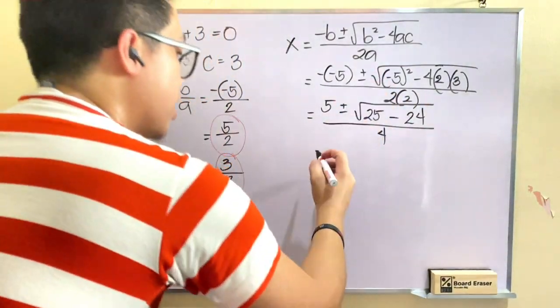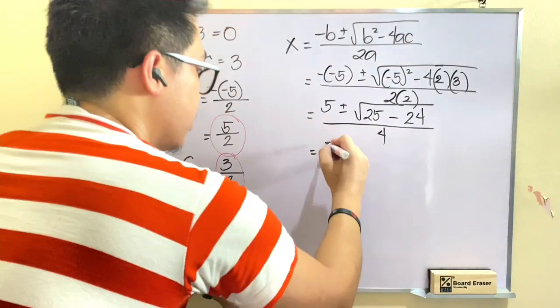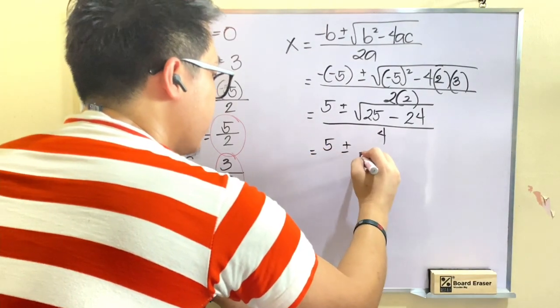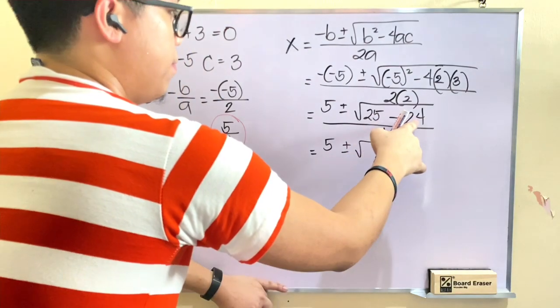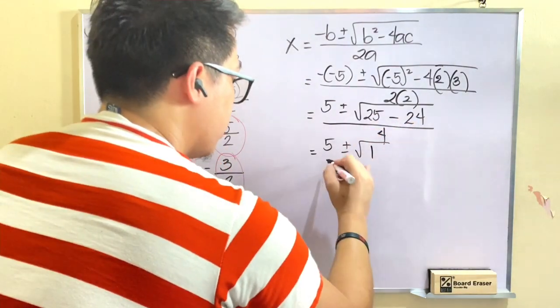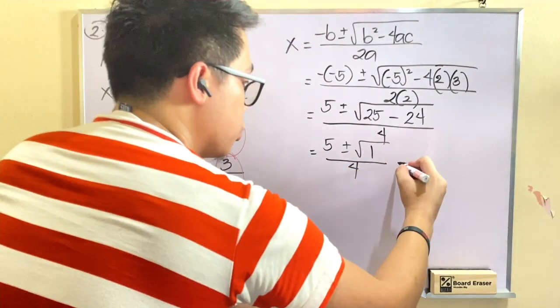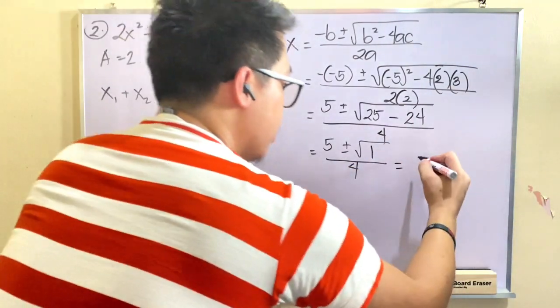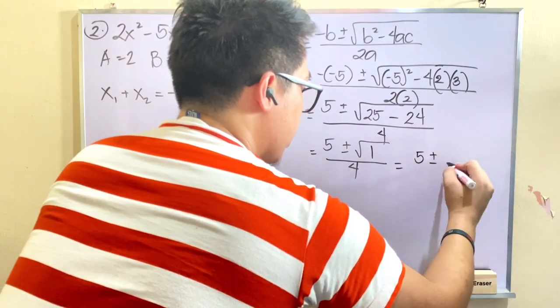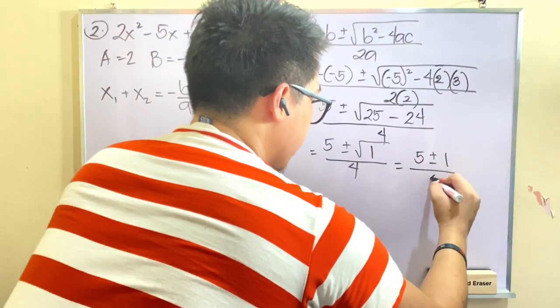Next, simplify natin yung nasa loob ng radical sign. 5 plus or minus square root of 25 minus 24 is 1 divided by 4. Next, simplify natin yung square root of 1. Ano yung square root ng 1? So, 5 plus or minus 1 divided by 4.